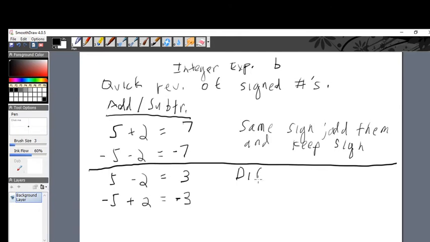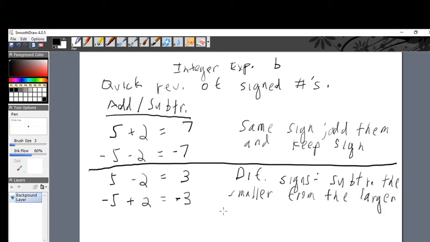So if they're different signs, here's exact instructions: subtract the smaller from the larger, and keep the sign of the larger. Let me show you that in action. Let me finish writing. And keep the sign of the larger.